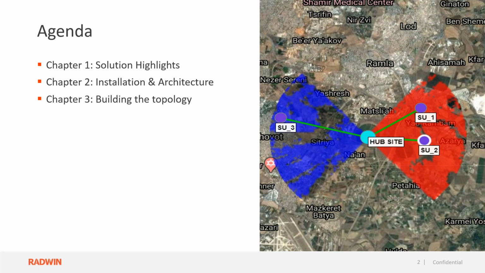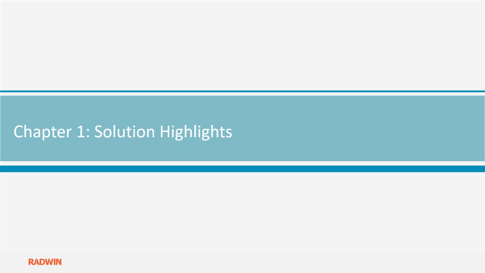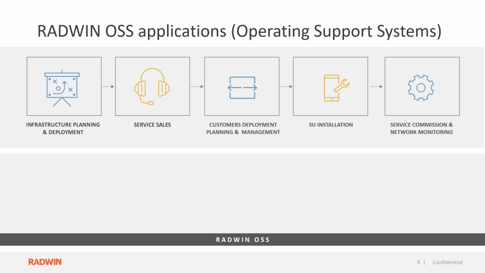The agenda of this course: chapter 1 is solution highlights, chapter 2 installation architecture, chapter 3 building the topology. The R Planner is one of RADWIN's cloud services, what we call OSS, operating support services.